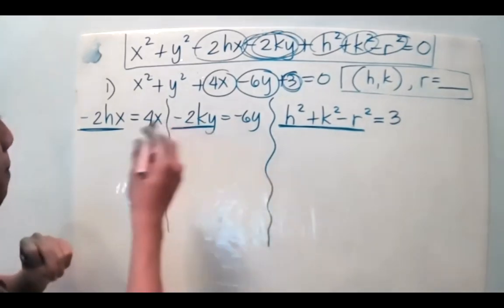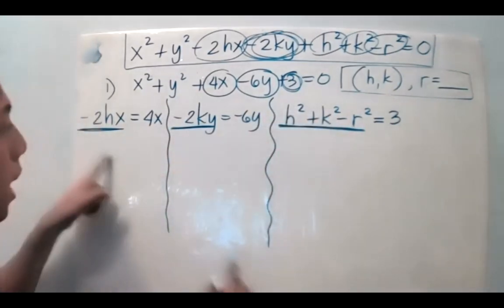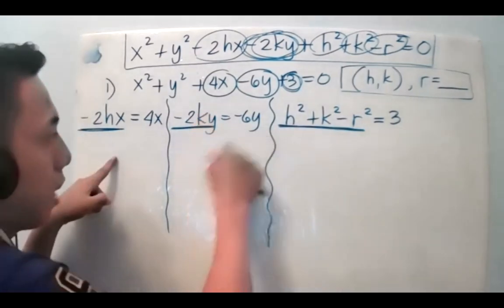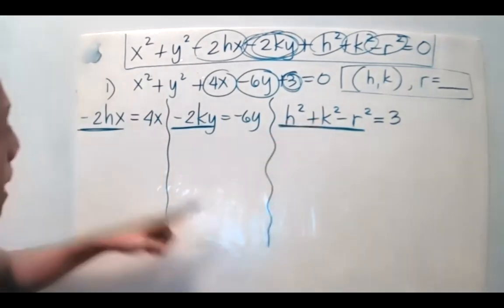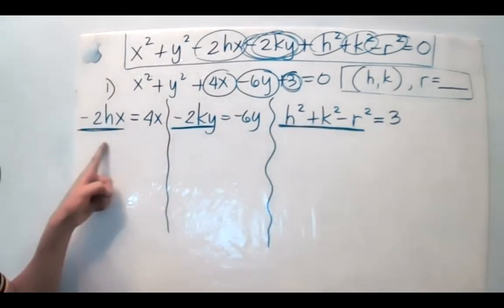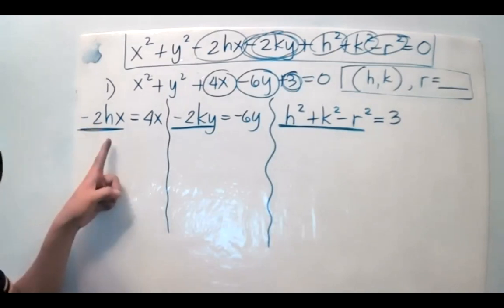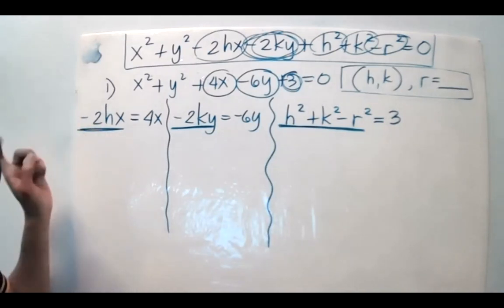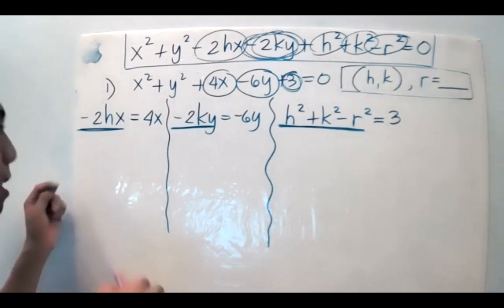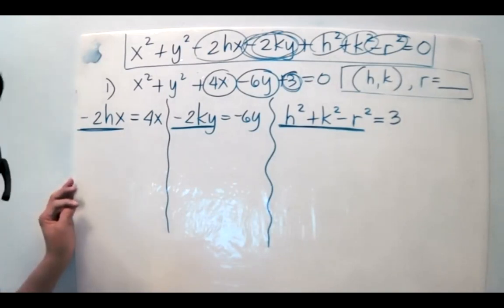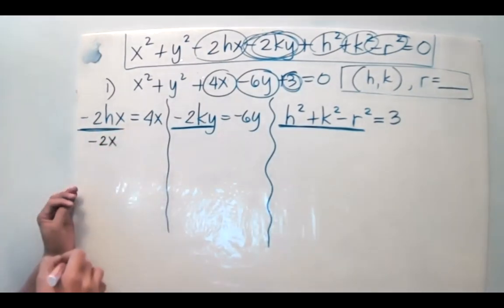So we can find h, k, and radius. Of course, to find h and k, let us find h first. So, how can h remain on the left side? We divide both sides by negative 2x.